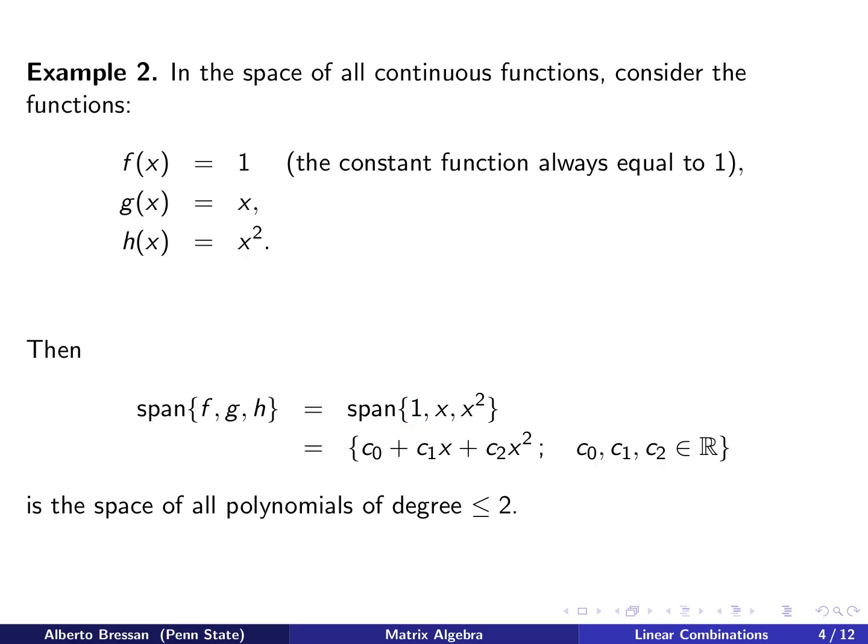So we multiply the first function by c0, and the second one by c1, and the third one by c2, and add them up. So a function looking like that, where c0, c1, c2 are real numbers. Then we see that this is exactly representing all polynomials of degree less than or equal to 2.